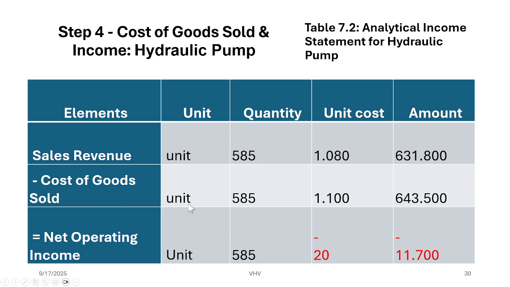So we subtract the cost of goods sold of 643,500. And here we have a very different result: a net operating loss of 11,700. So we can say that this product is not profitable, or if we calculate it per unit, each time the company sells one, they lose 20 euro.